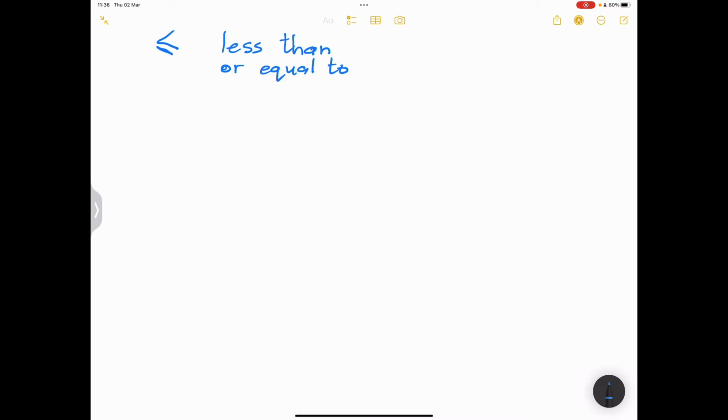Let's say x is less than or equal to -6. What does that mean to us? It means for all values from -6 all the way down, those values are going to be the solution.